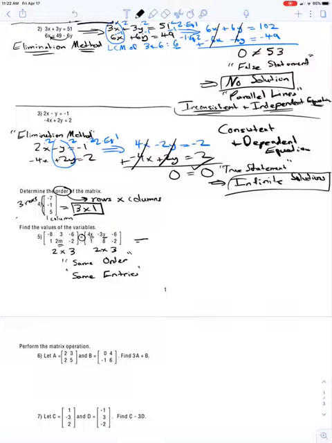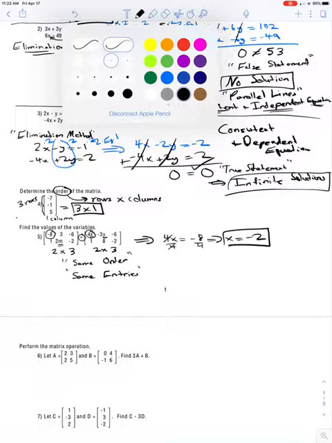That implies, if we look at the row 1, column 1 entries, that 4x would need to equal -8. Then we can solve that for x, and we get x equals -2. So there's one of my 3 unknowns.